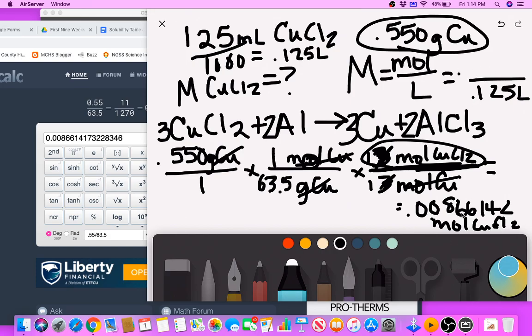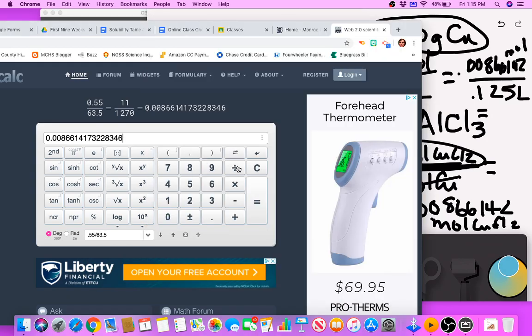Now all I've got to do is substitute it in up here: 0.008660142 moles, and divide that by the 0.125 liters.